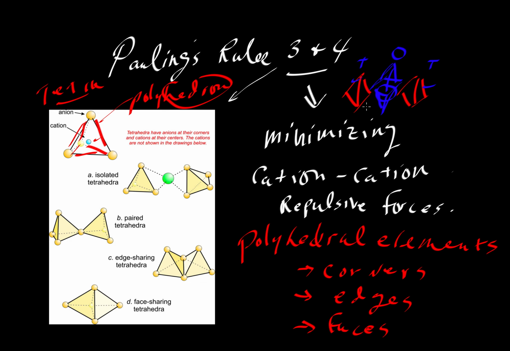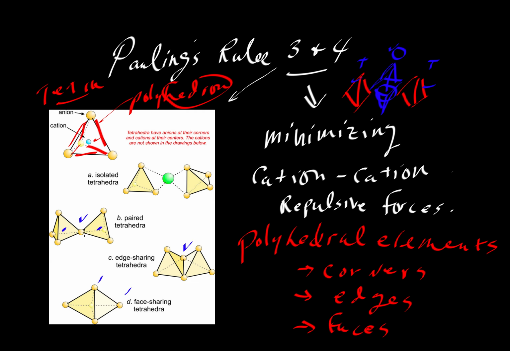But another way they might be linked is, instead of being connected by an intermediary, they might be linked by sharing corners, or they can share an edge, or they can share a face. As we increase this level of sharing, from a single oxygen atom to 2 oxygen atoms to 3 oxygen atoms, as is the case here, we're bringing the cations closer and closer together.